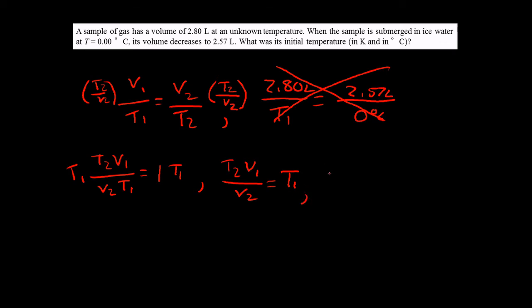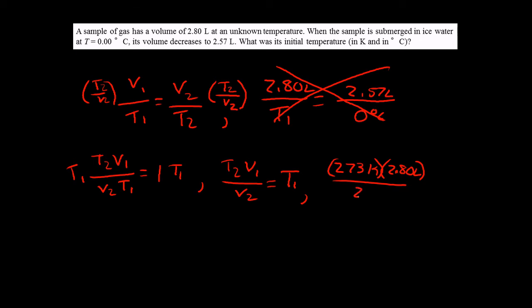And so if I go ahead and plug in the math here, T2 is not 0 degrees C, that's going to be 273 Kelvin. Because remember, to convert to Kelvin, you just add 273. Since we're at 0, it's just 273. V1 was 2.8 liters.